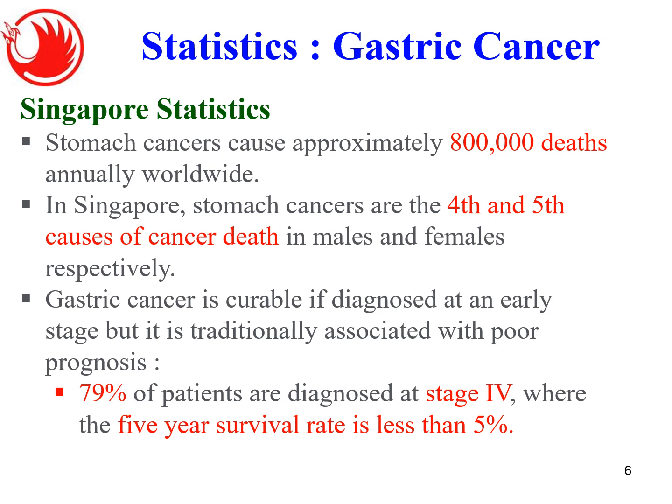In terms of stomach cancer, there are about 800,000 deaths worldwide every year. In Singapore itself, it is ranked fourth and fifth cause of cancer death in males and females respectively. Gastric cancer is curable if it is detected early, but it is traditionally associated with a poor prognosis, meaning the chance of recovery is low.